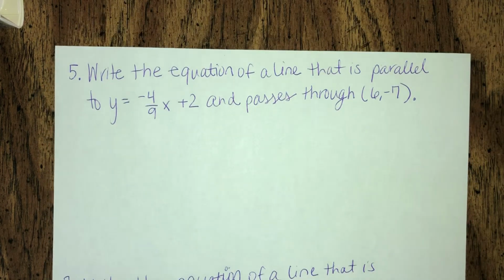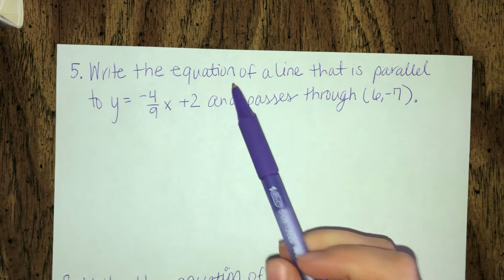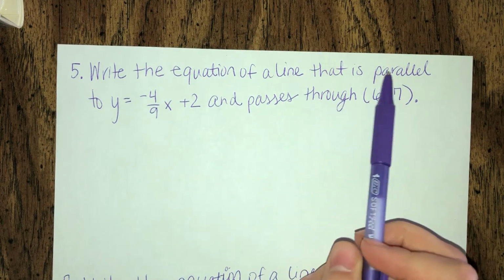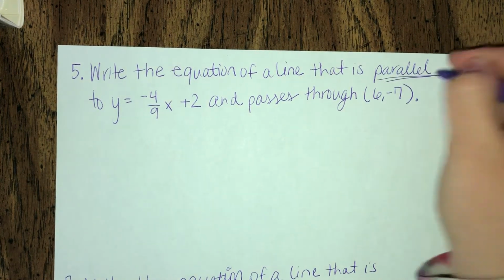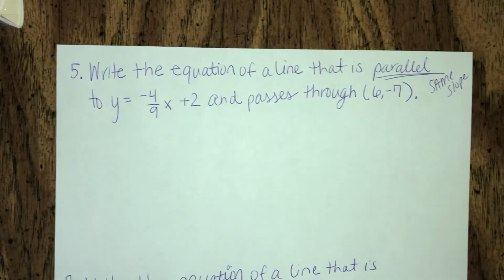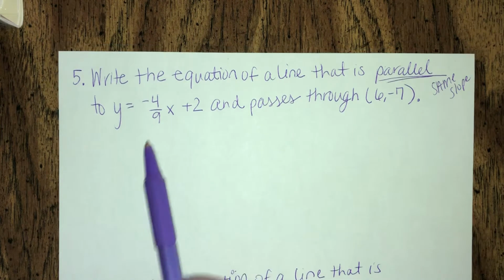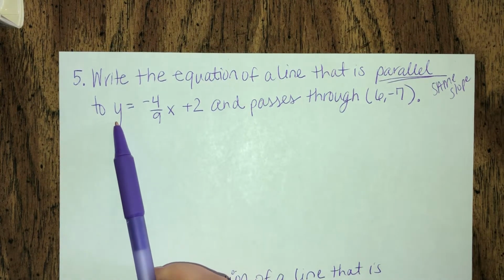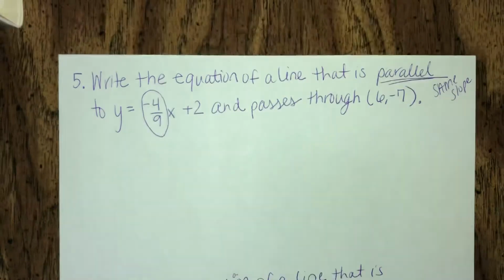So number 5, very straightforward. It's going to start you out by giving you an equation of a line, and when you see that word parallel, you have to think same slope. The nice thing about this question is if I look at my equation, my y is all by itself, which means I can find my slope immediately by looking for x and pulling out the value that's next to it.